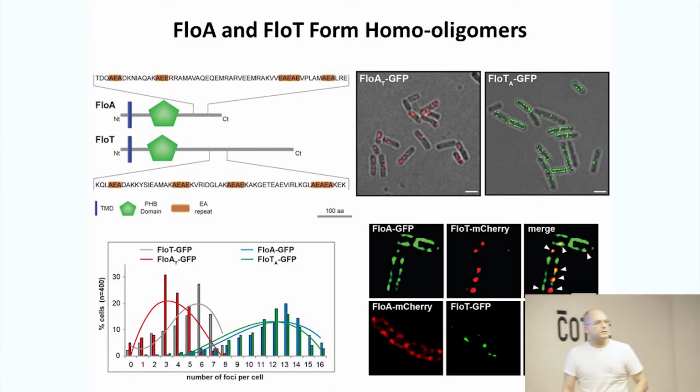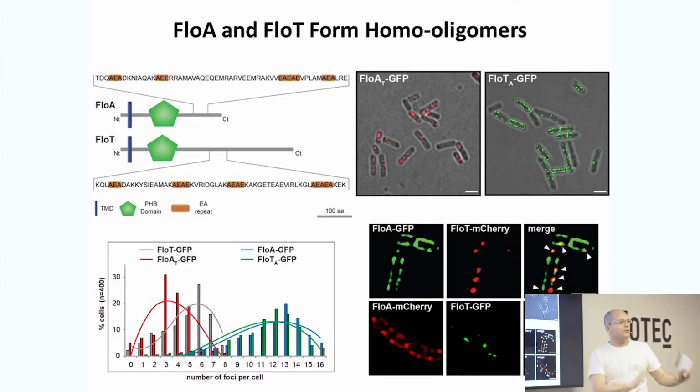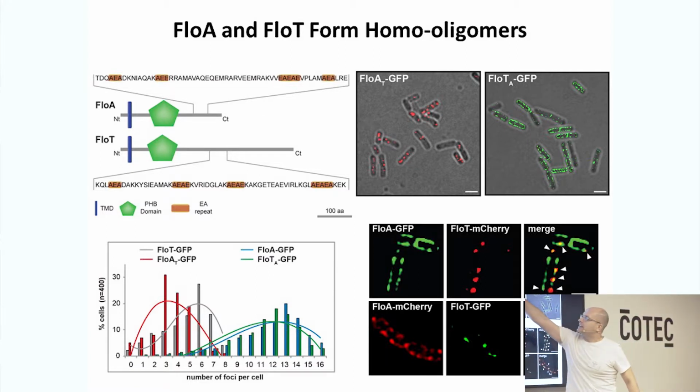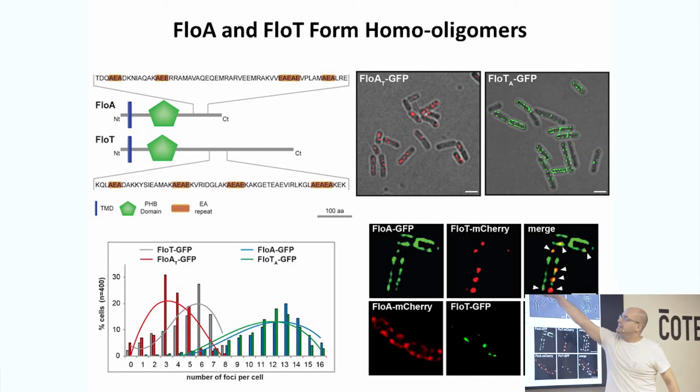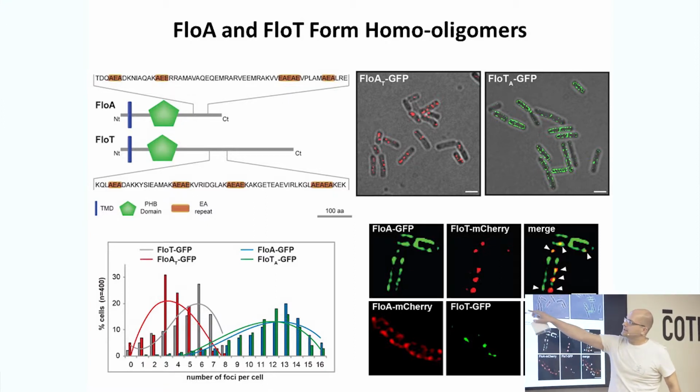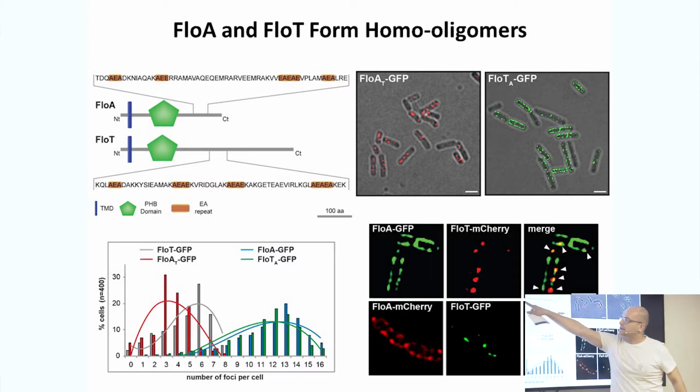Let's put the C-terminal part of FloT in FloA, and the C-terminal part of FloA on FloT. So here we have FloA with the C-terminal replaced: we replaced this part for this part.